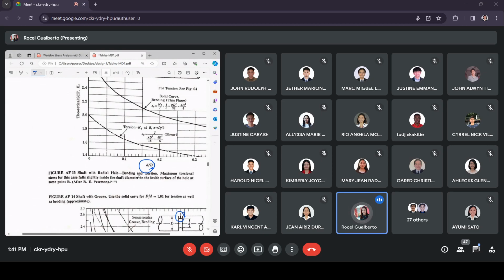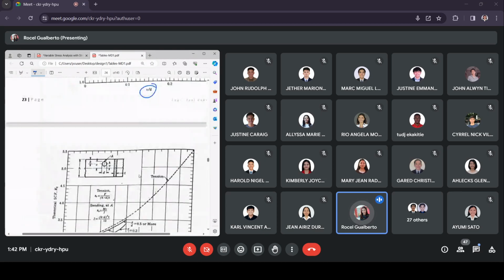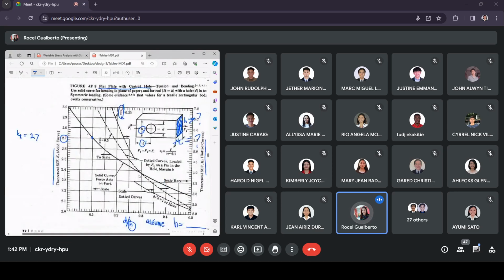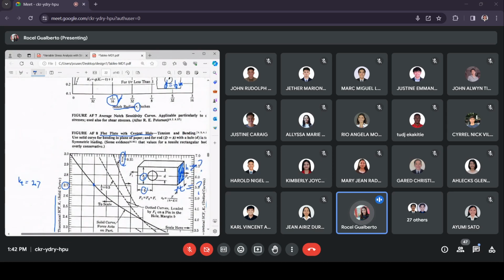So in that case, again, you need to assume a value, and then check later on. If you have already your answer, then you need to check if they are the same, in the sense that they have the same commercially available size. So that would be the value for KT. Now, what if you have, say, a shaft.